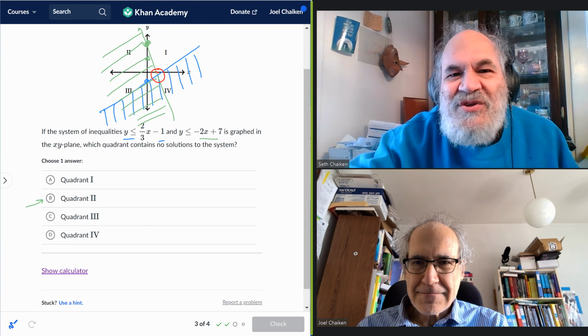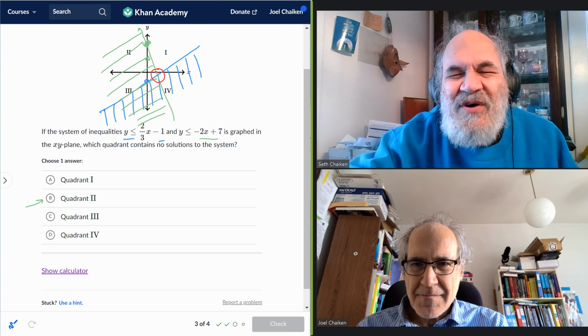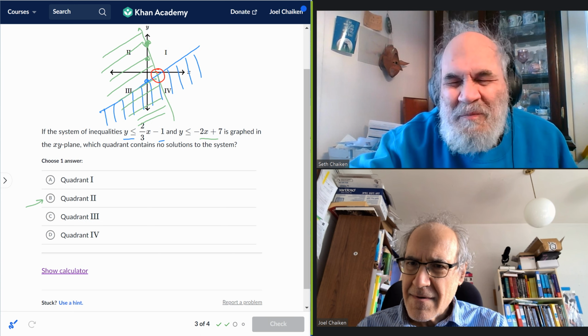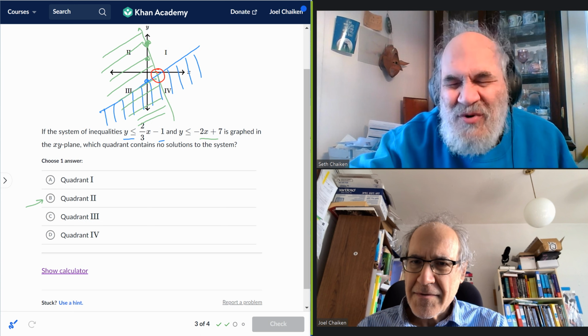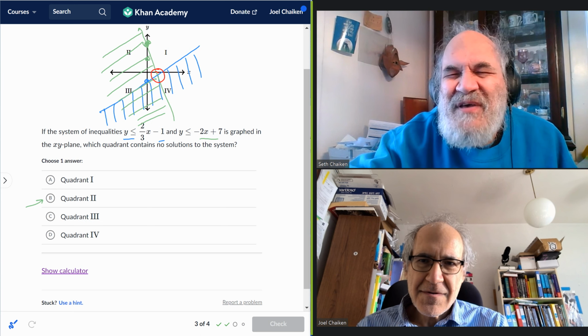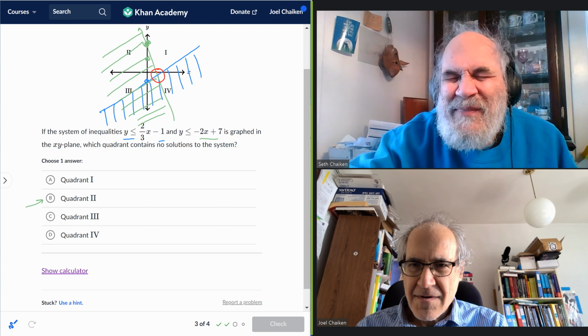So the solutions are the regions where it's colored both green and blue, right? How do you know the crossing point is not above the x-axis? If the crossing point were above the x-axis, there'd be a solution in region 1.